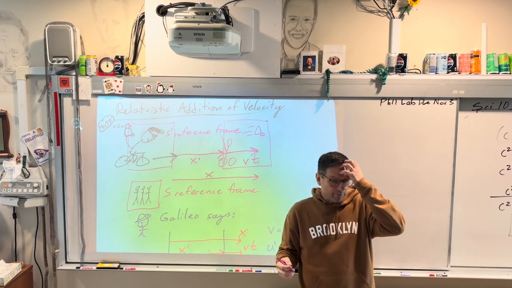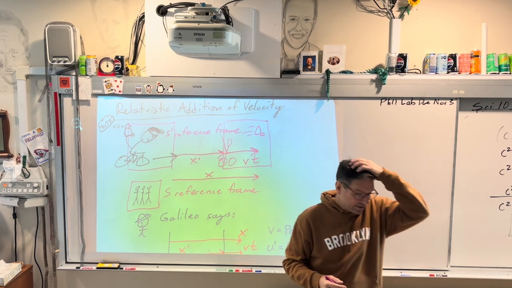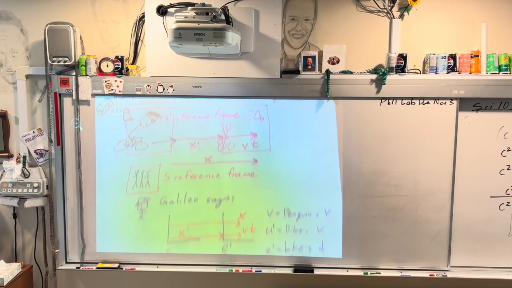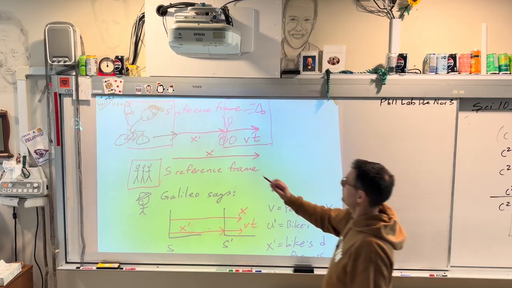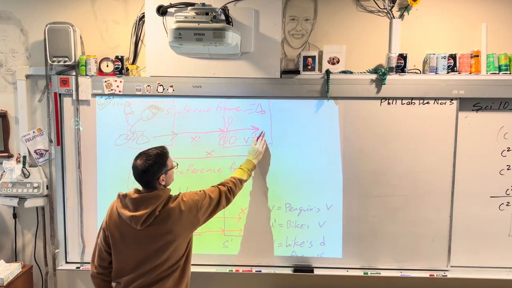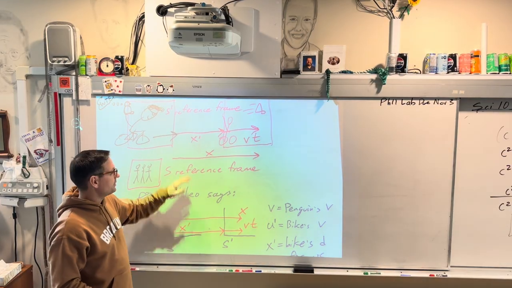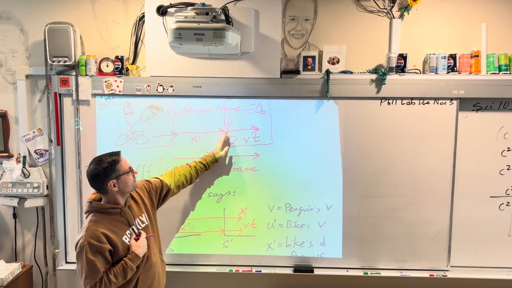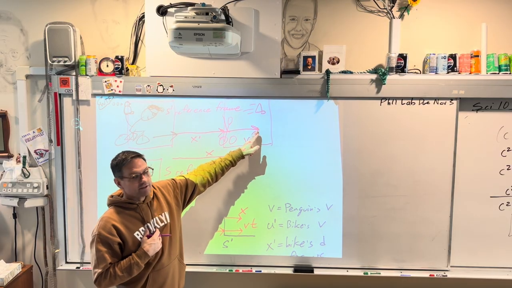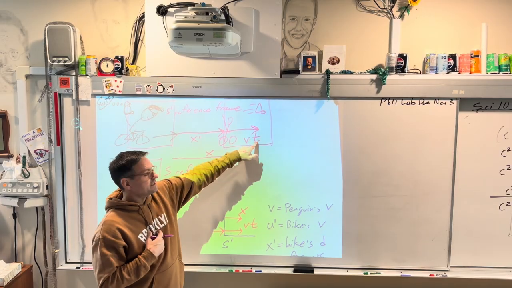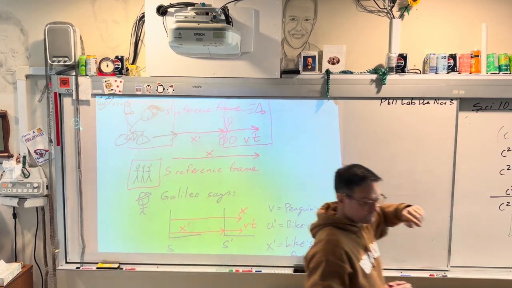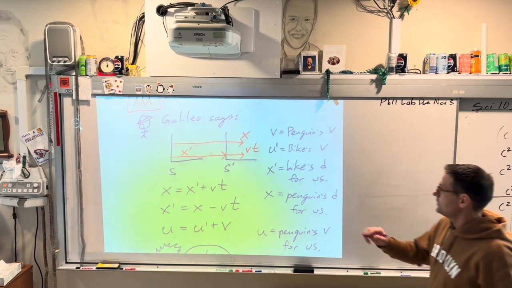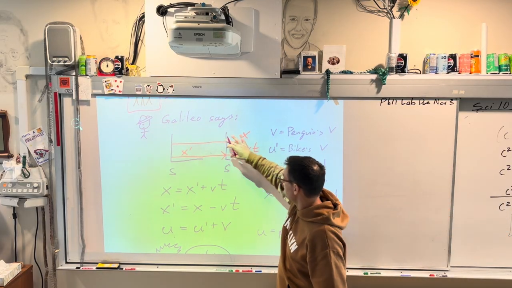Now, Galileo came up with the idea for reference frames, and he said this is kind of handy because we can add together these two distances, and we can just say the distance we see the penguin move is the distance that Arsha moves on his bike plus the distance that the penguin moves, which is vt. So this is kind of drawn with these S frame and S prime.